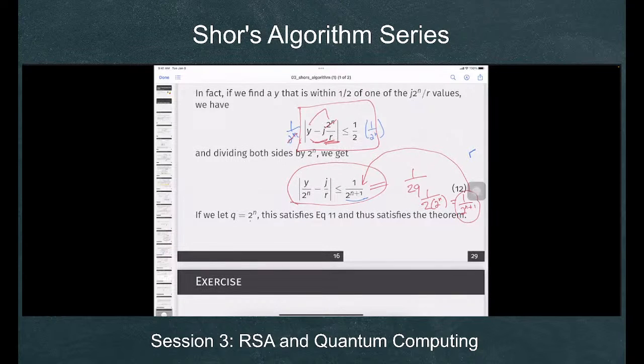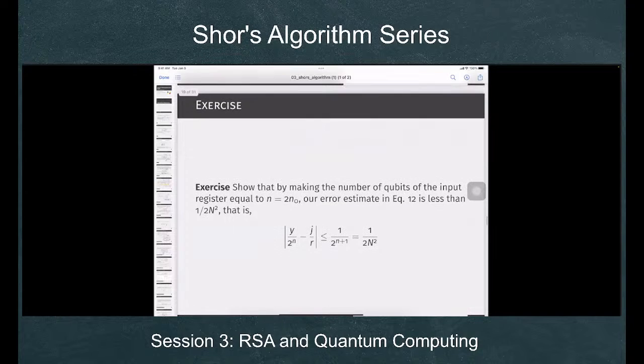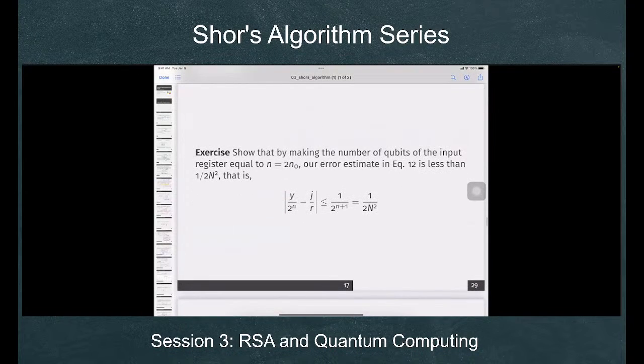Okay, so there is an exercise here. The exercise will show you that if you increase the number of qubits of the input register to be equal to 2 times n0, where n0 is the number of qubits of, for example, a 2048 encryption, that's your n0.